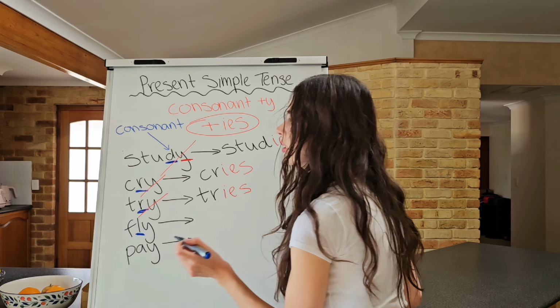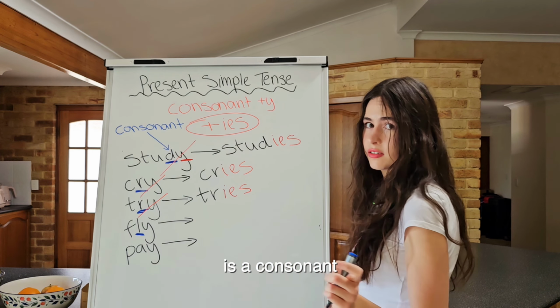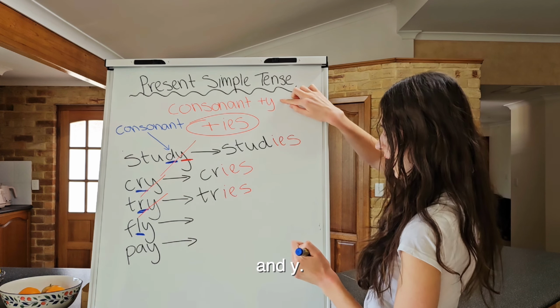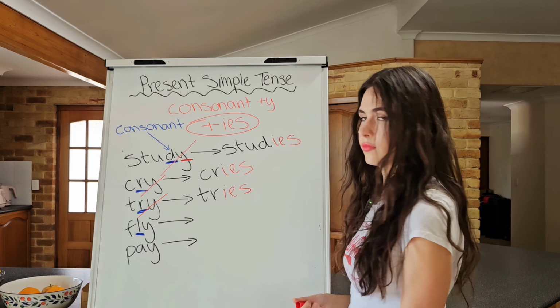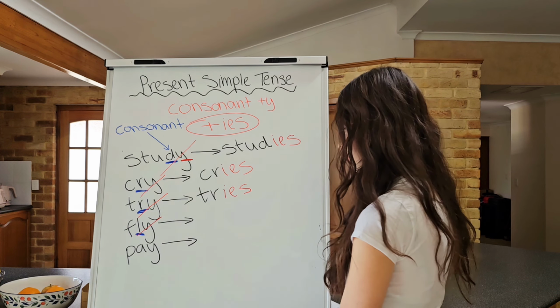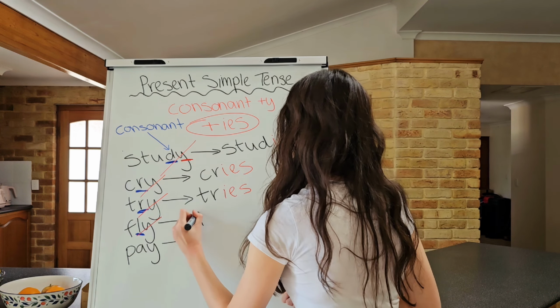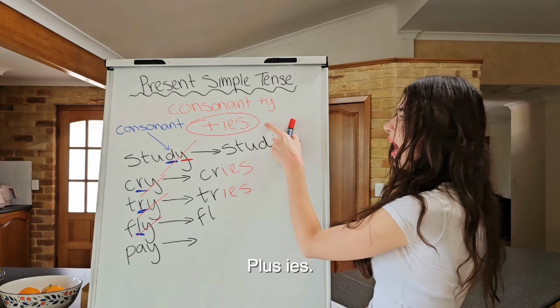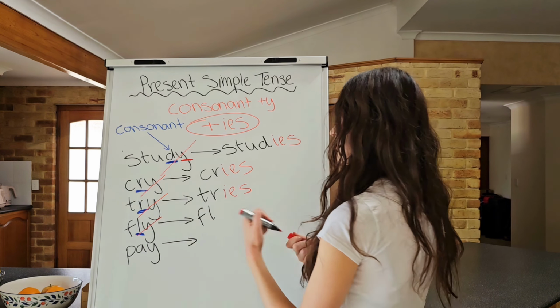L is a consonant. And Y. Remove Y. Plus I, E, S.